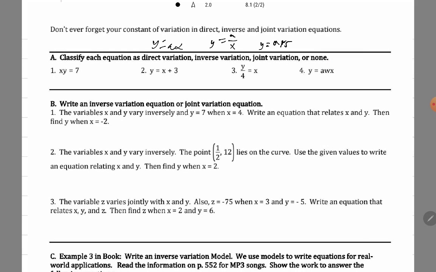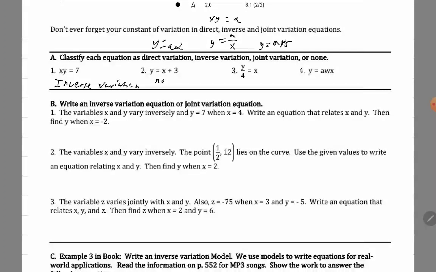So xy equals 7. If we remember from the notes at the top, this is actually another version of inverse variation, because if we multiply both sides by x, we'll get xy equals a. So inverse variation. y equals x plus 3.